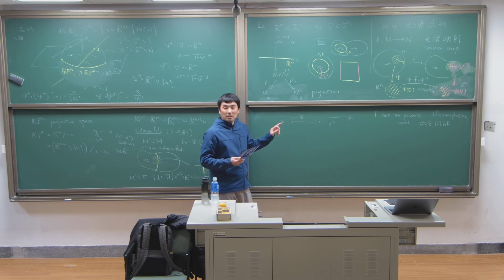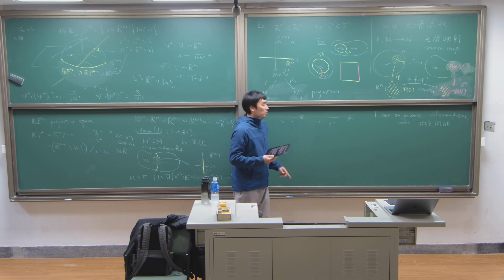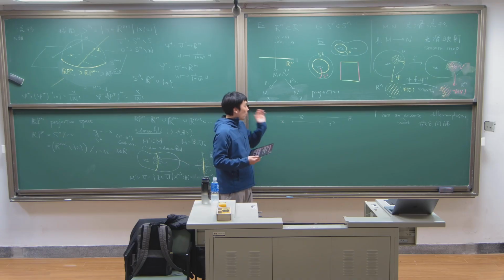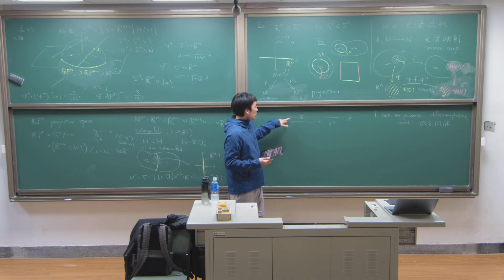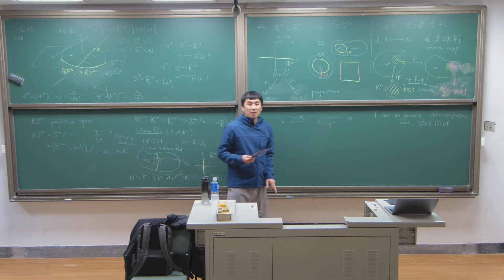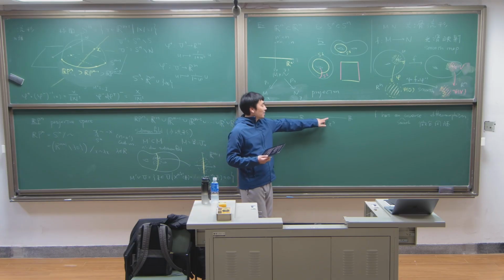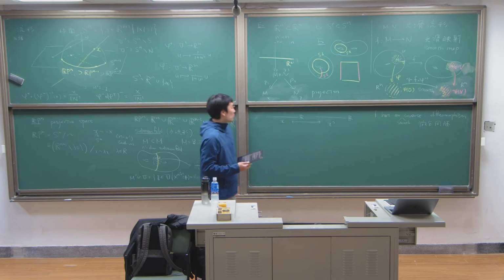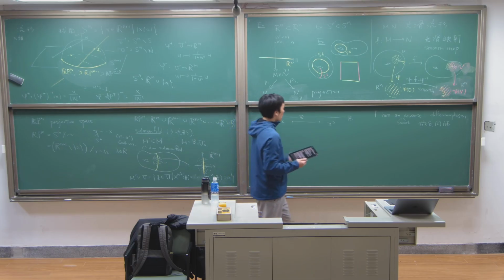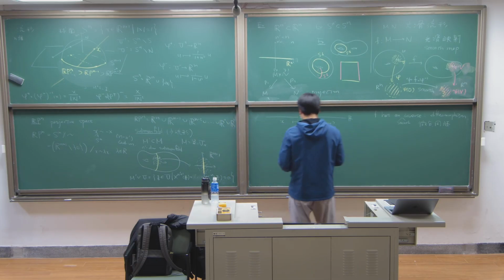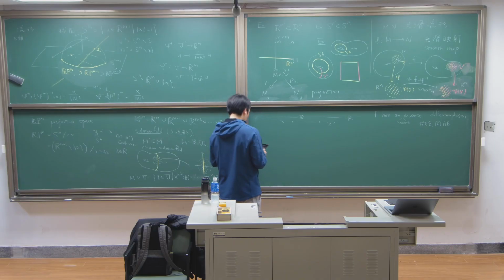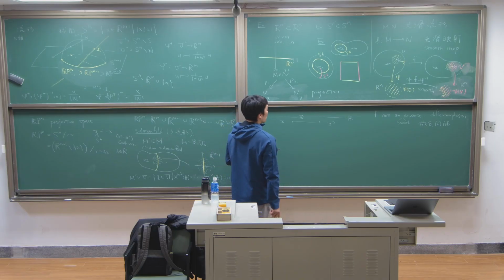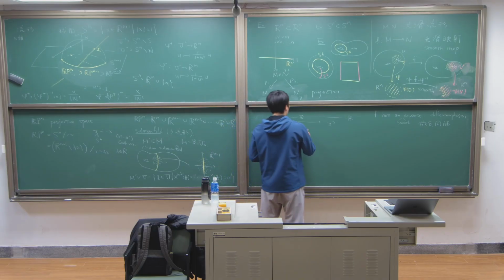X goes to x cubed will give you a different differential structure from the usual one, an unusual differential structure. So this is different.